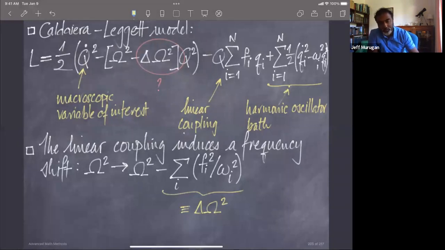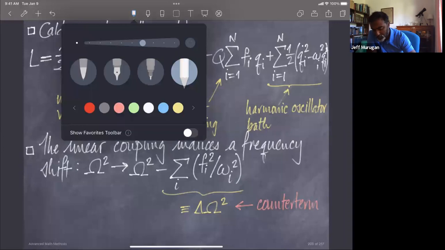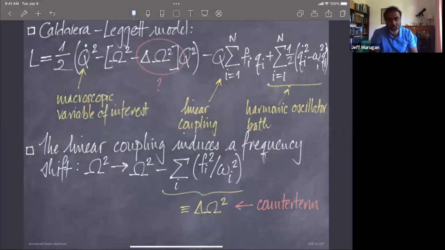Okay, so this is what we call a counter term. So I add this counter term to my original action, my original Lagrangian, to precisely cancel out this effect. Is everybody with me? And you'll see what will happen in a little bit if I didn't do this.